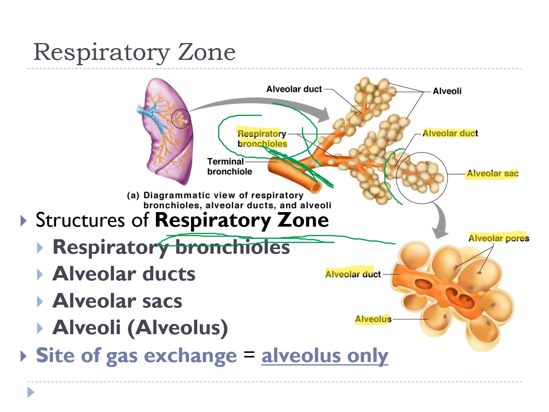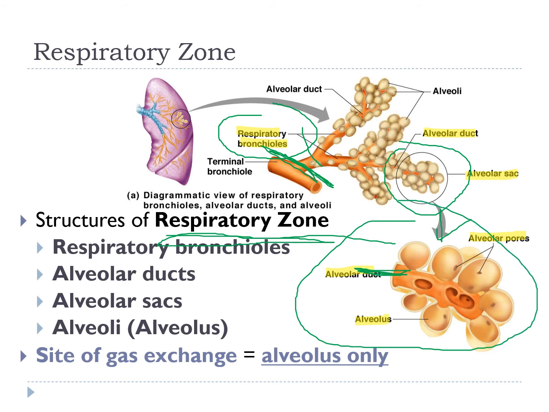If we take this alveolar sac and zoom in and cut it open, here's the alveolar duct. This whole thing is the alveolar sac, and here's an alveoli, here's an alveoli, and here's an alveoli. And where does the gas exchange actually happen? This is a critical question.